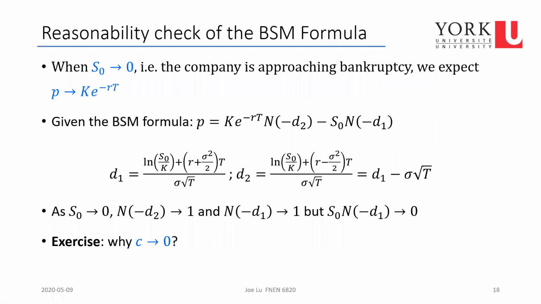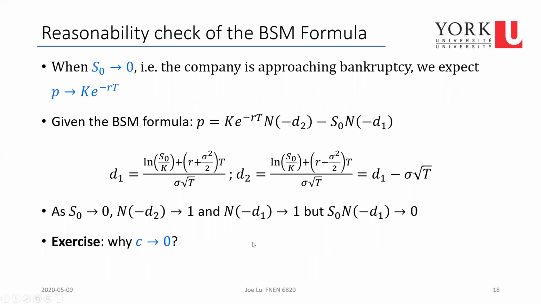Now let's look at the second one, where the initial price goes to 0, which means the company is approaching bankruptcy. So we expect the call to go to 0 and the put to have a value of K times e to the power minus RT. If you look at it, as S goes to 0, this part goes to 0.